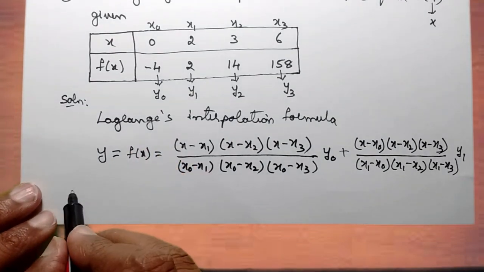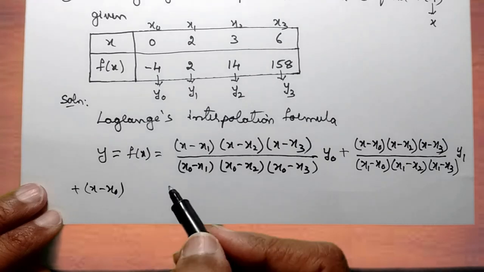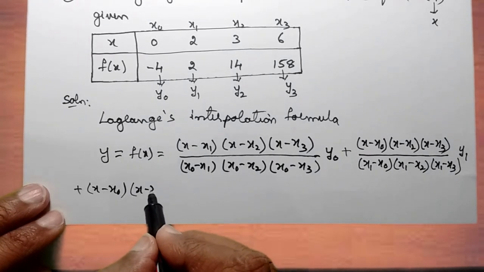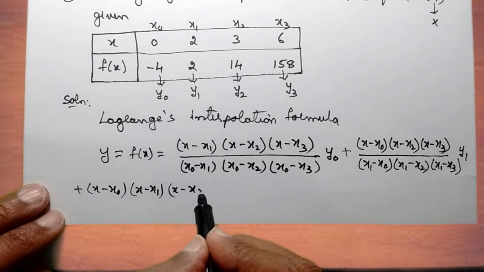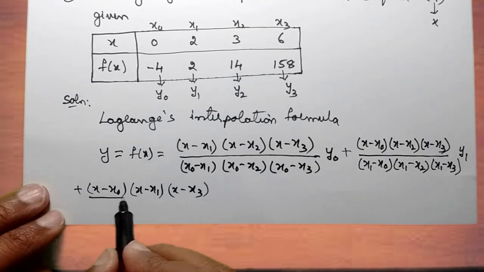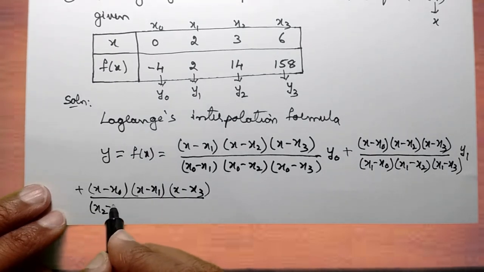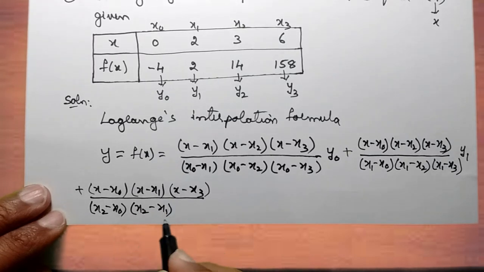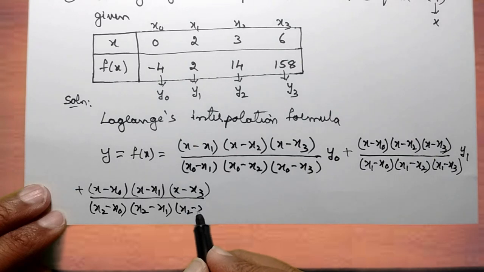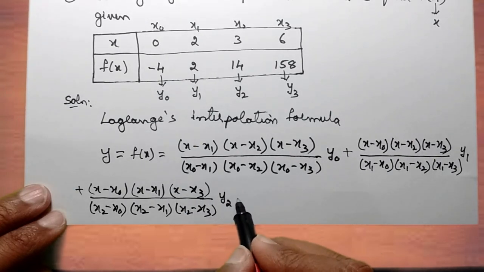Next term, plus x minus x0, x minus x1. Here x2 has to be missing, so x minus x3, whole divided by, because here x2 is missing, in place of x you have to write x2. So x2 minus x0, x2 minus x1, x2 minus x3, into the corresponding value of y, which will be y2.